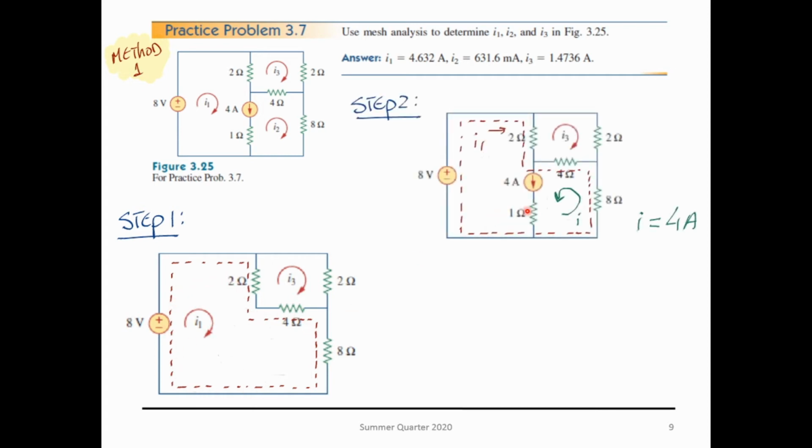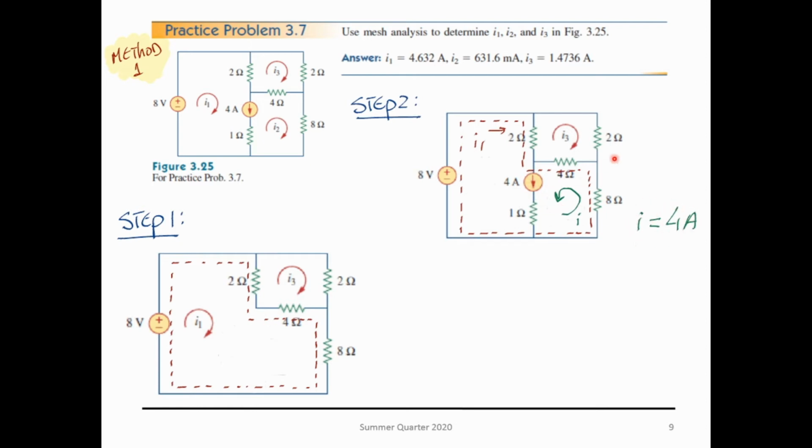Step number 2, I connect my sources again, and now I'm going to find the constraint loops. So notice that I have a current source over here, so I have a constraint loop over here. It's going to have the direction of your current source, and you can either pick this one or the one inside of this side. It doesn't matter. I'm picking this one, and that constraint current is equal to 4 amps.